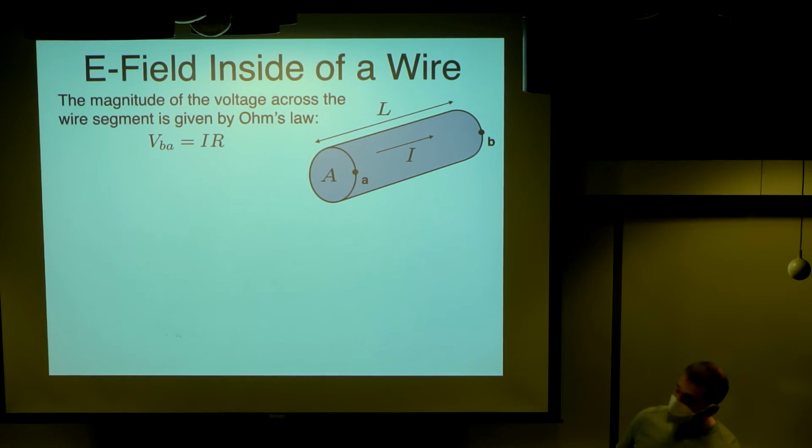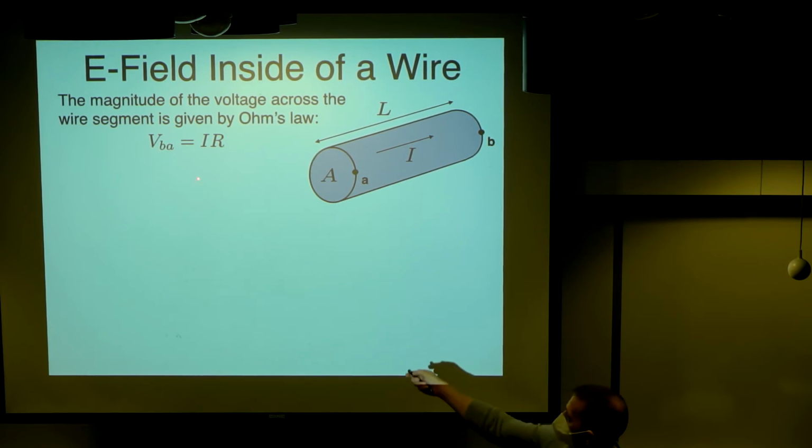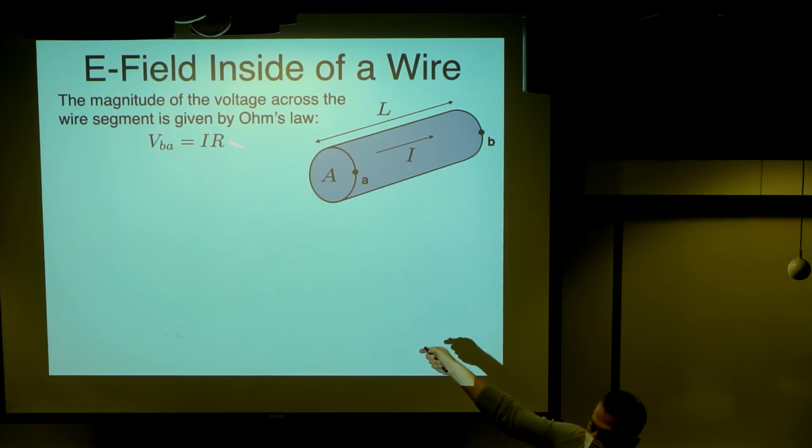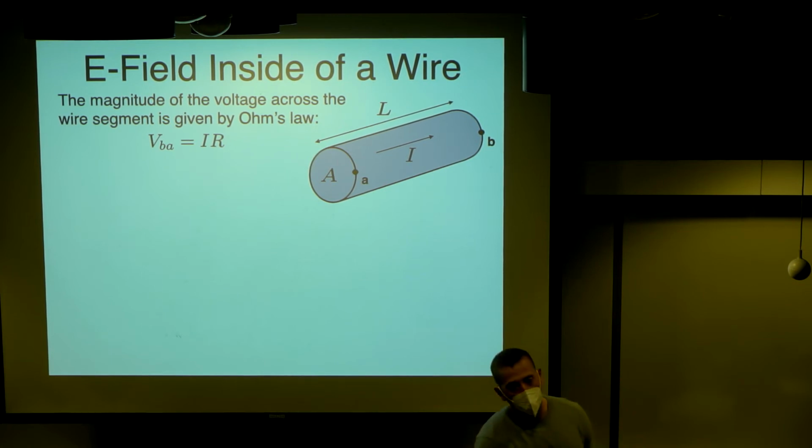I'm in particular interested in just this segment, which starts at point A and ends at point B. So if we wanted to talk about what the voltage across this wire segment is, we could simply use Ohm's law. The potential difference between points A and B is just equal to I times R. It's equal to the current that's flowing here times the resistance of that segment of wire.